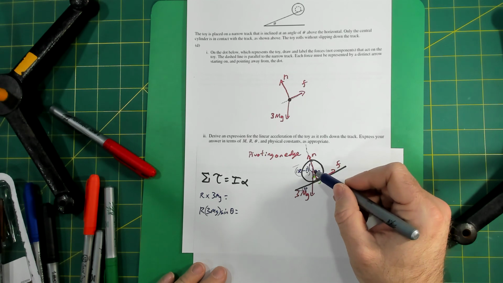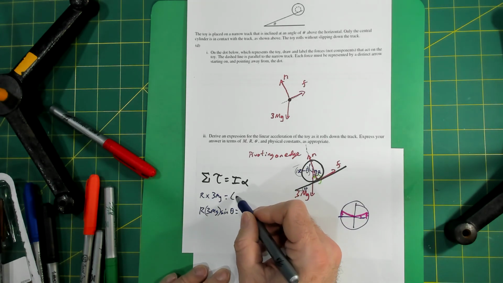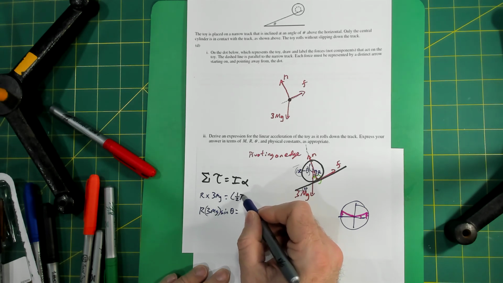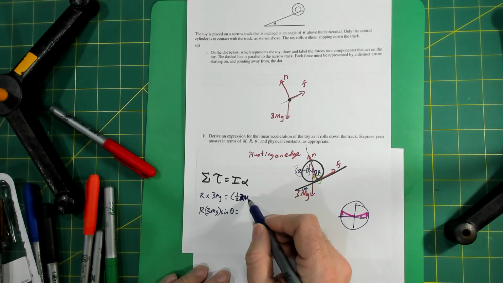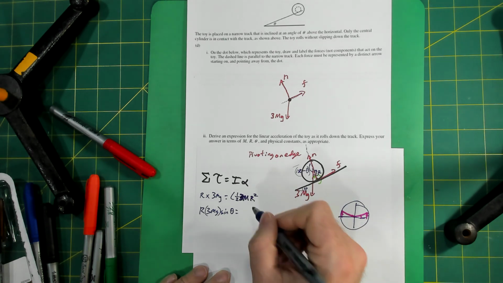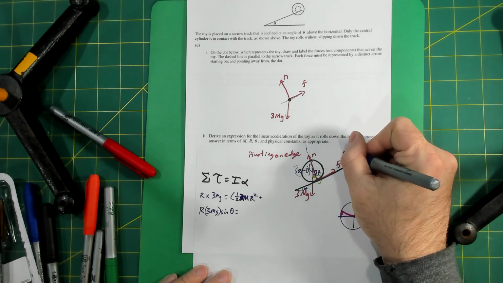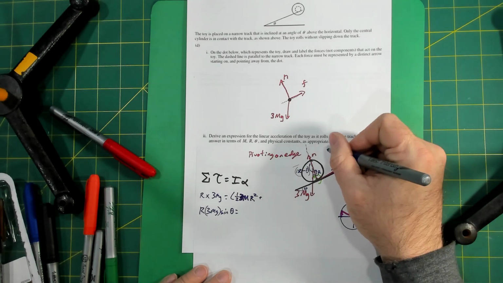So I have to use the parallel axis theorem to find my new I. So my new I is going to be the I around the center of mass. Whoa, 3m is my mass. I around my center of mass, 1/2 3m r squared plus md squared, right? That's my parallel axis theorem.